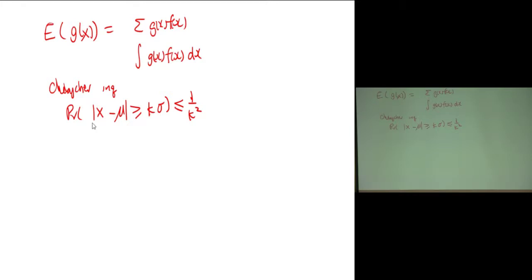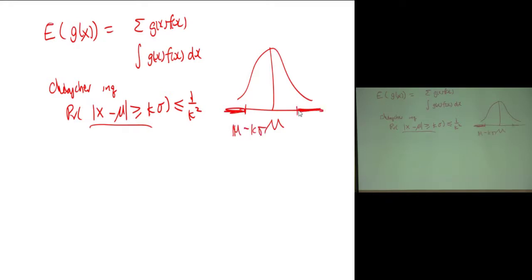You have to understand this. The chance is less than 1 over k squared. So that is the Chebyshev inequality.